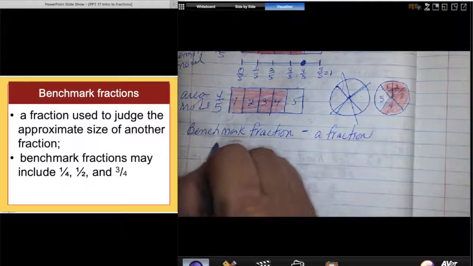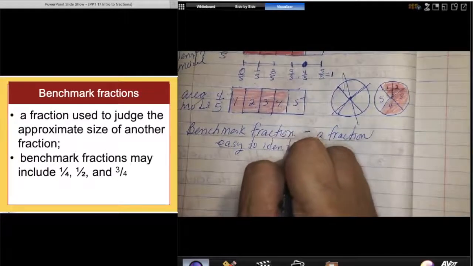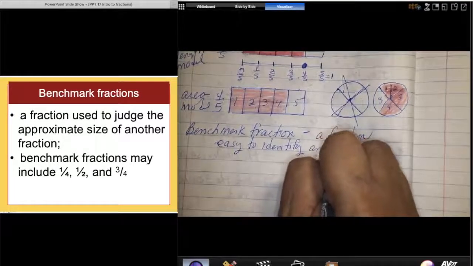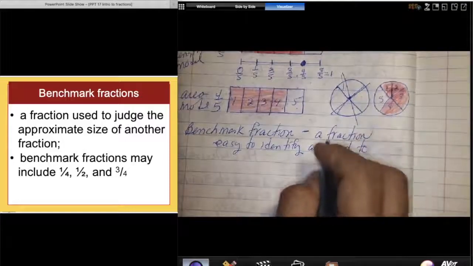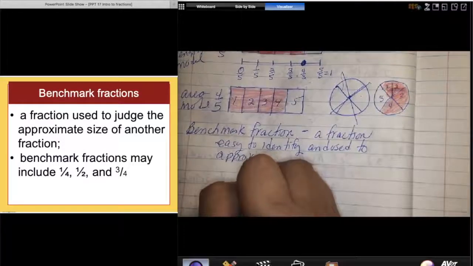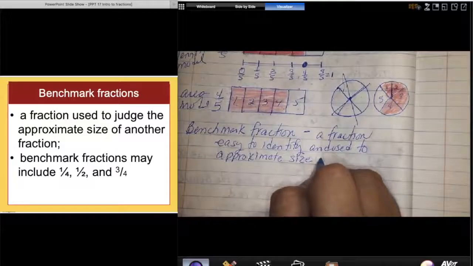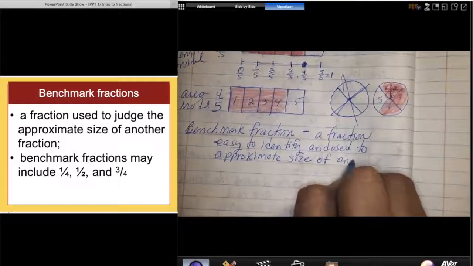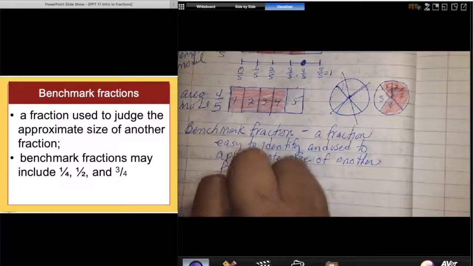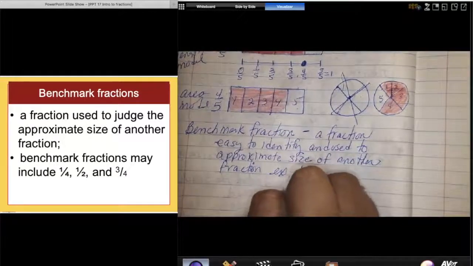I'm going to put easy to identify. Example 1/2.